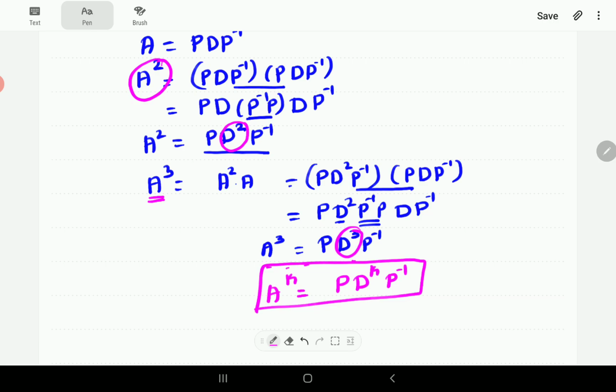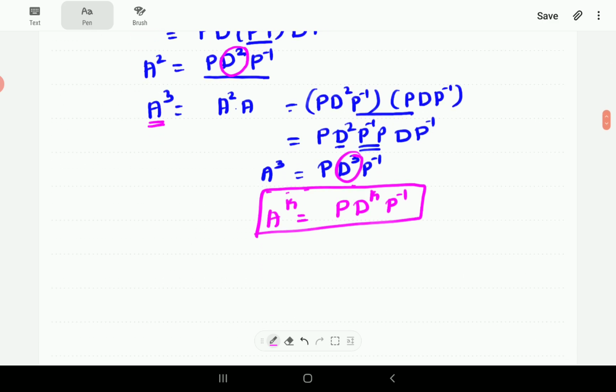Whenever you want the power of a particular matrix, we simply calculate the power of D. Since D contains only diagonal elements, the power of D is easy, and the multiplication is quite easy compared to, for example, finding some matrix to the power 100 or to the power 95.